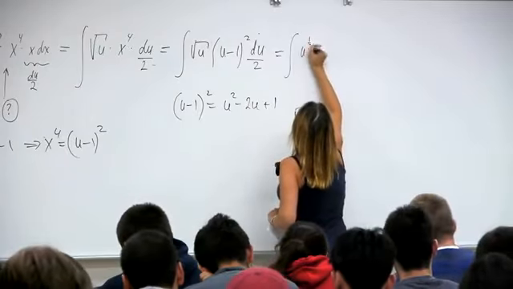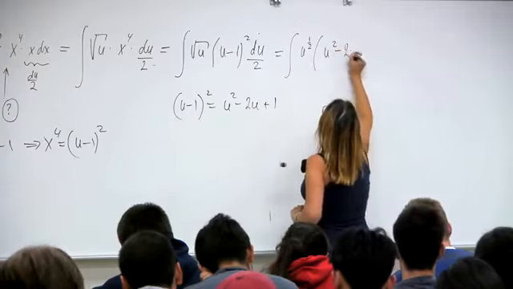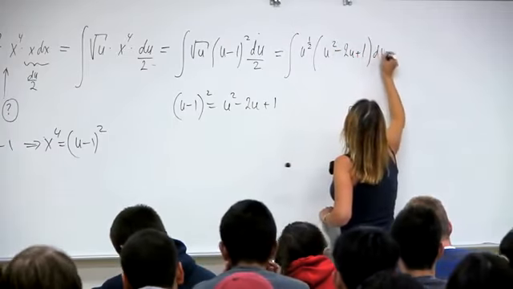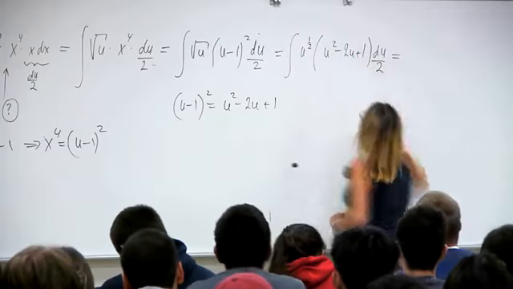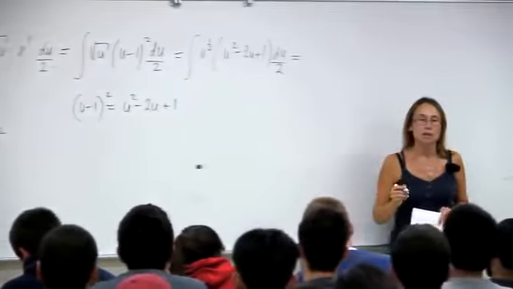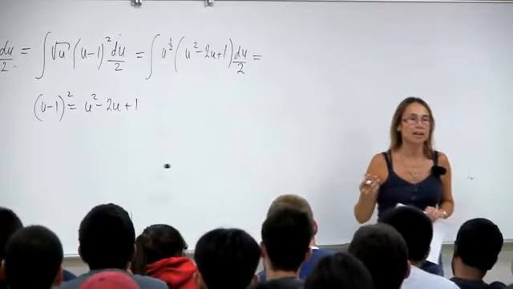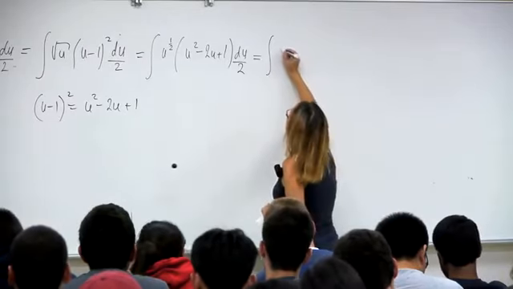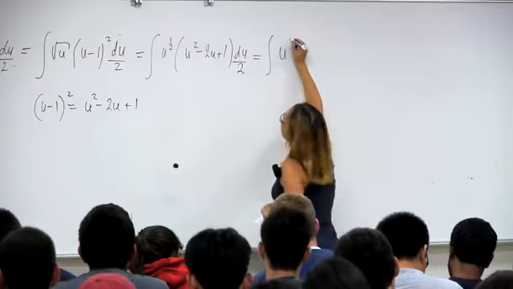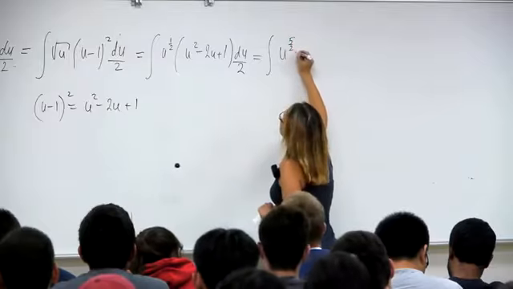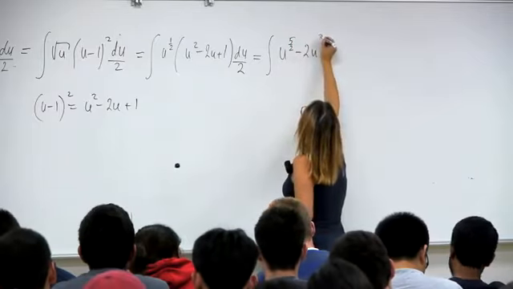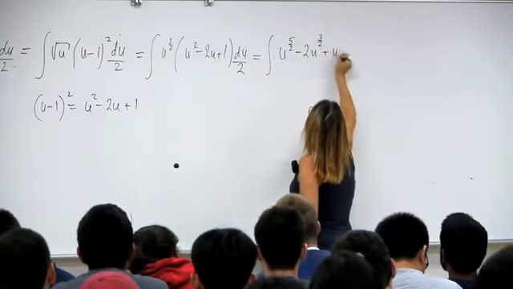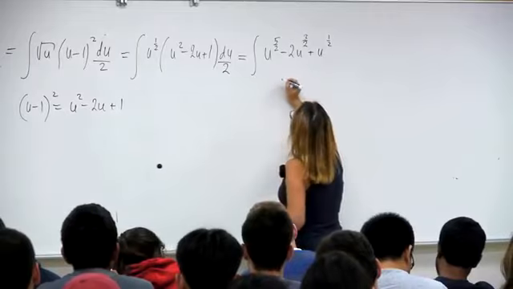So u to the 1/2 times u squared minus 2u plus 1. And now I can open the bracket, and I'll get something that I can finally integrate. So u to the 5/2 minus 2u to the 3/2 plus u to the 1/2.